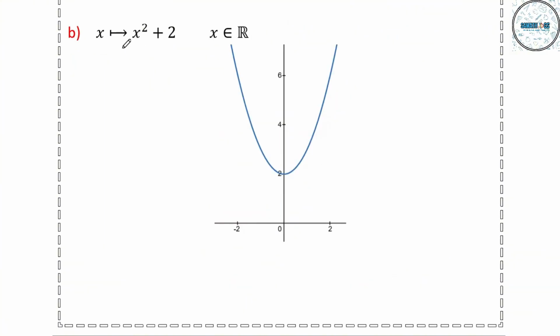Now we have another question in which x is mapped to x squared plus 2 and x belongs to real numbers. So we'll do the same. We will do the vertical line test. We will draw vertical lines at different points.